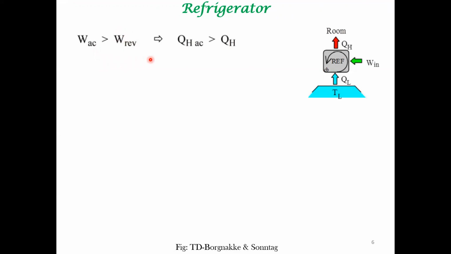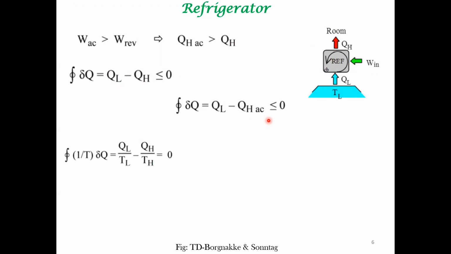Again, from first law balance, it follows that the heat that is rejected to a high temperature reservoir by an actual refrigerator is more than the heat that is rejected by a reversible refrigerator. So this follows because work is incorporated into this cyclical system, this turns out to be less than 0 for both a reversible refrigerator as well as an actual refrigerator.